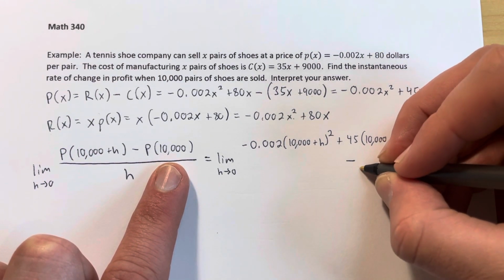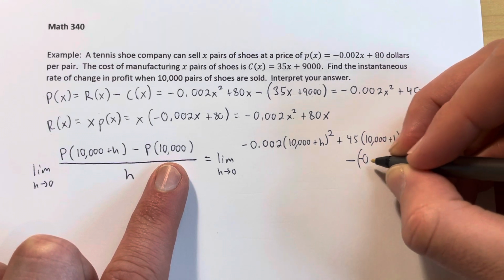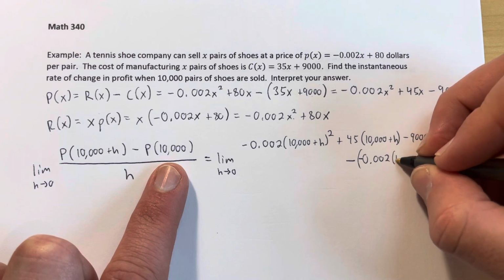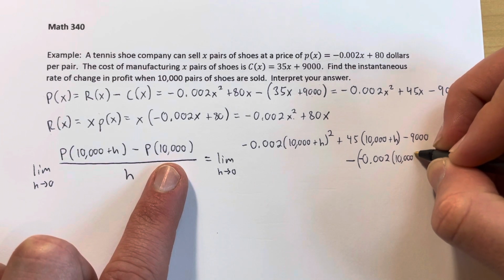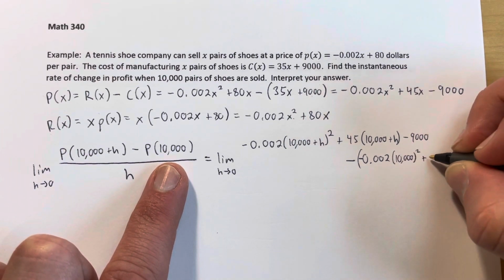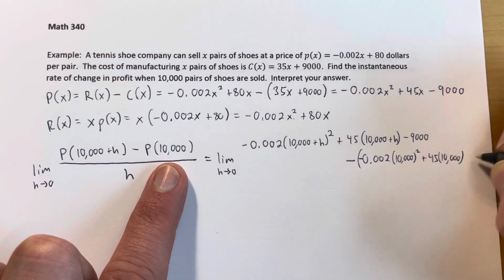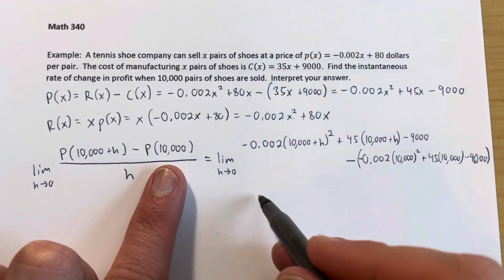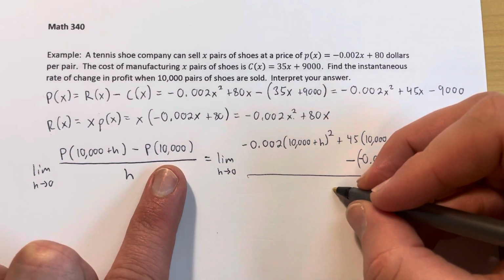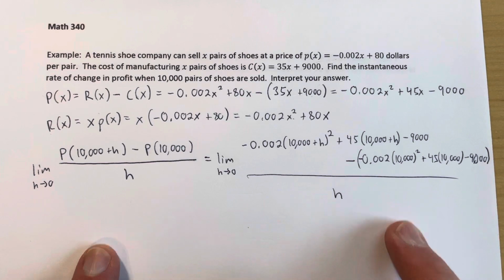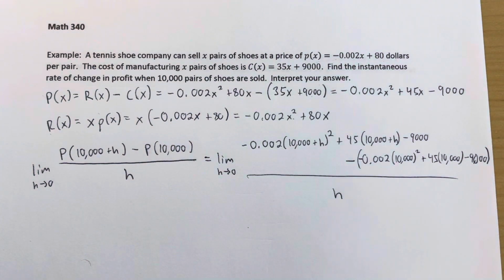So minus negative 0.002 times 10,000 squared plus 45 times 10,000 minus 9,000. And all of that goes over h. All right, I probably should have written that over here so I had much more space to work with. I'll do that for my next one.